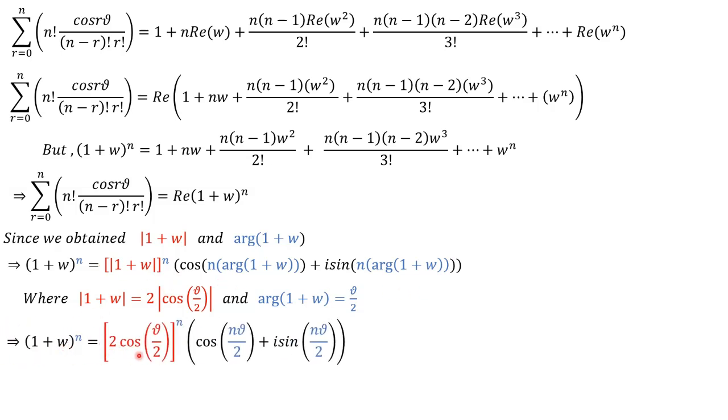Putting those corresponding values here, we get 1 plus omega raised to the power n equals 2 cos of theta divided by 2, all raised to the power n, times cos of n theta divided by 2, because the argument of 1 plus omega is theta divided by 2.